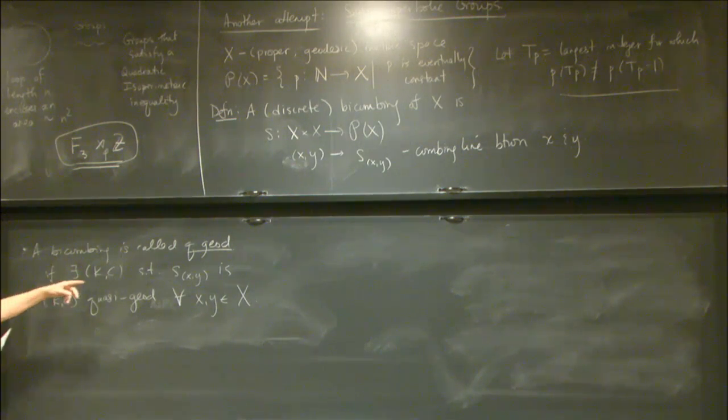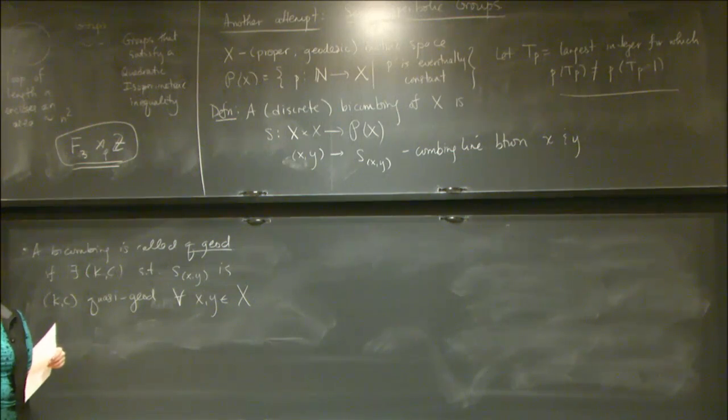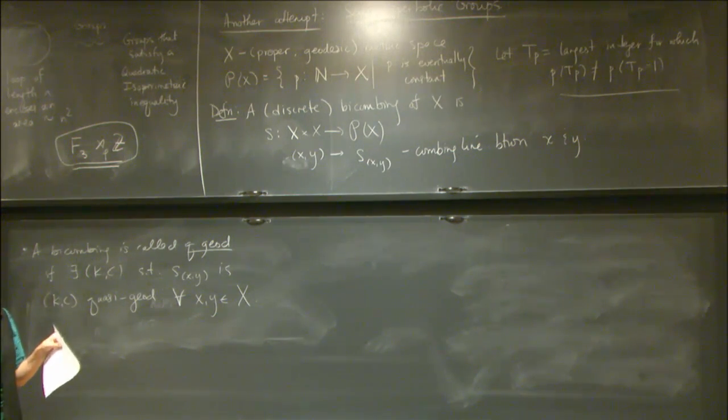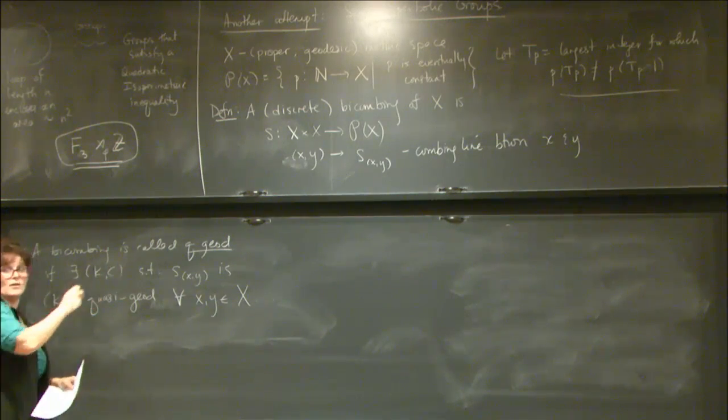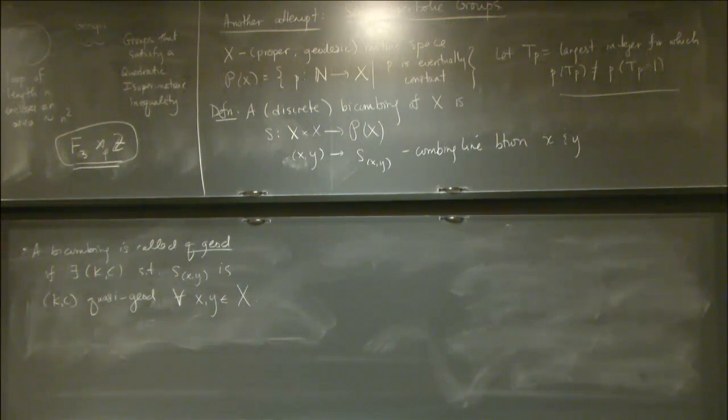So again, remember, quasi-geodesic just has something to do with distances. I don't really need to see a path there. I just have to know the distances between the points that are in this discrete path, okay? And then the last property is the one that's going to model that stuff over there, okay?